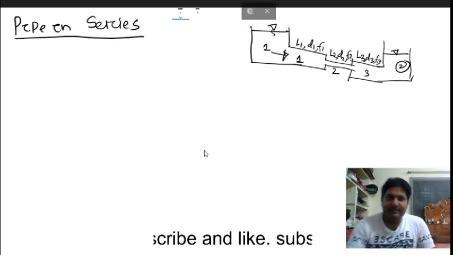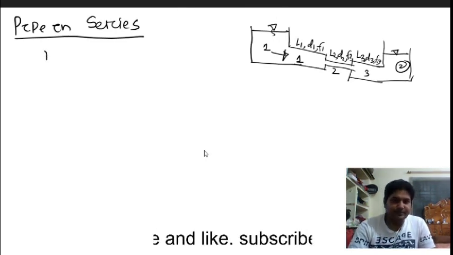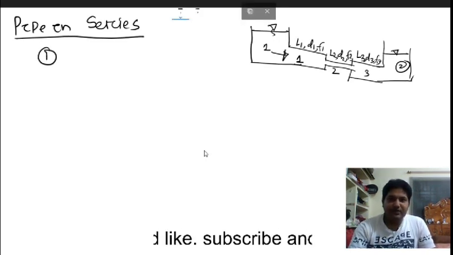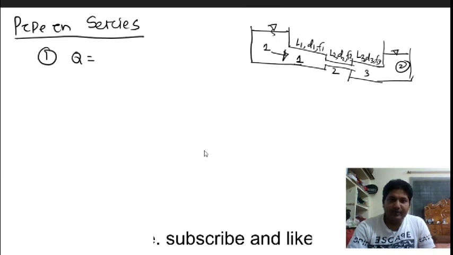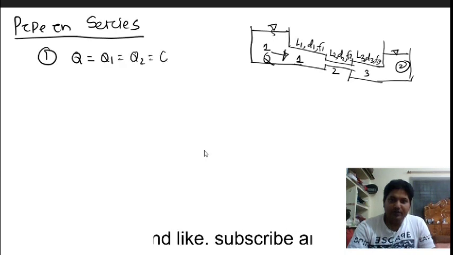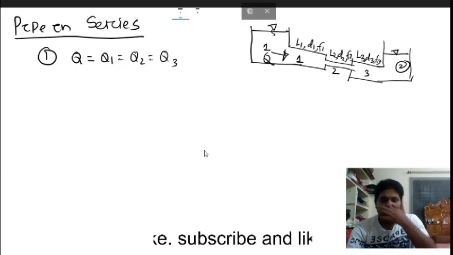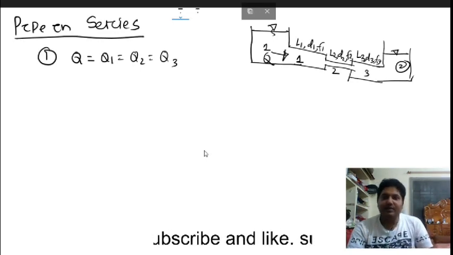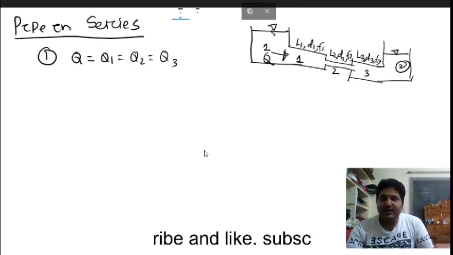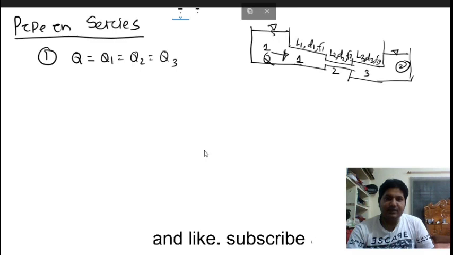So I can write two equations. The discharge Q will be equal to Q1, equal to Q2, equal to Q3. The same flow rate is flowing in all the pipes.